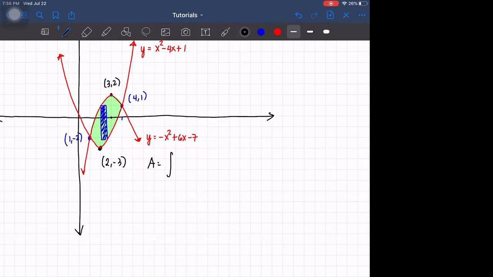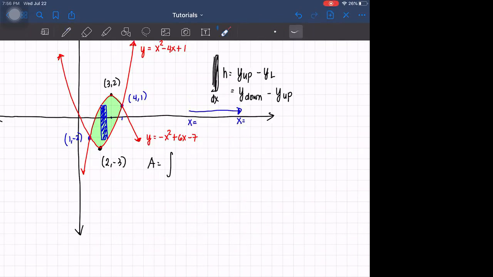Vertical man, vertical na no. So dx, ang h niya kay y upper minus y lower. So ang y nga nasa upper kay ang parabola nga nag-down minus ang y nga parabola nga nag-open upward. Nya mo go man siya from left to right. So x equals to x equals.